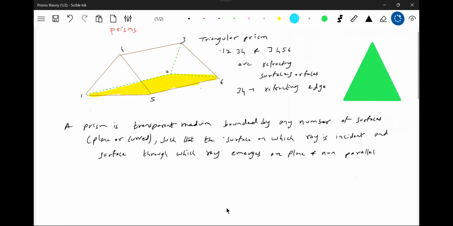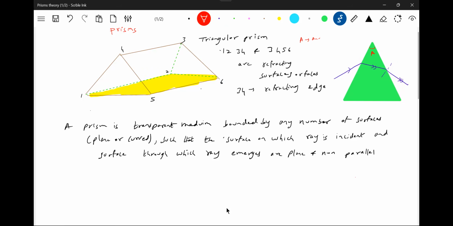This is like a ray which enters here. So it will be incident on a plane. Here the ray will be incident. It will undergo refraction. Then again it will emerge to another surface. This is the refracting face. Two refracting faces, the angle between them will become the angle of prism.